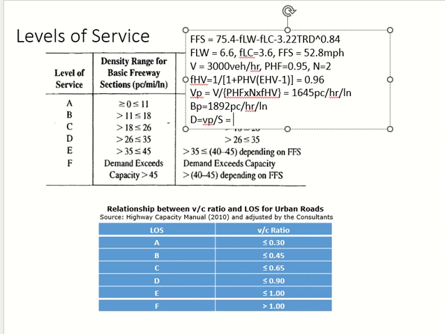How much is this? 31. That's not miles per hour. Passenger cars per mile.